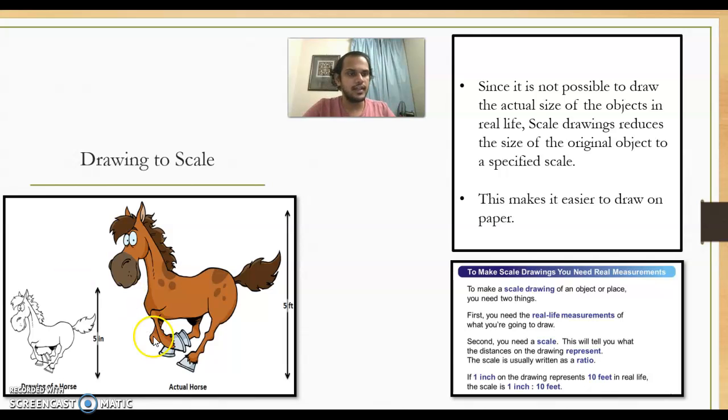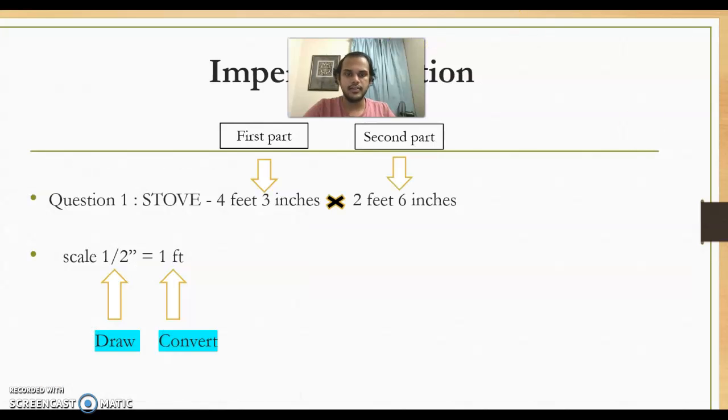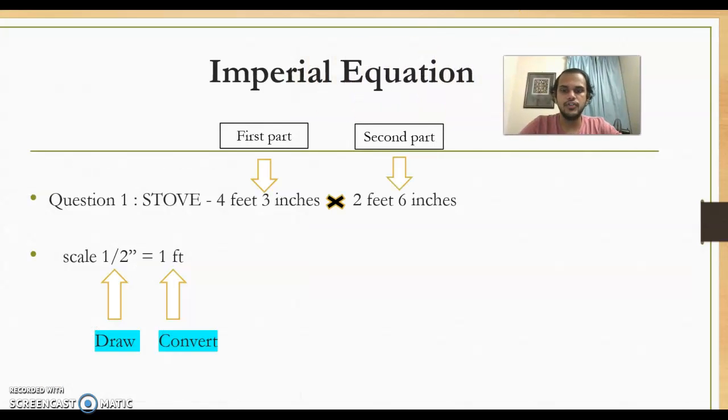So we move on to the next slide. We have with us the equation, which is the measurements of a stove: 4 feet 3 inches by 2 feet 6 inches, and the second bulleted point highlights 1 by 2 by 1 feet. 1 by 2 is to draw and 1 feet is to convert.